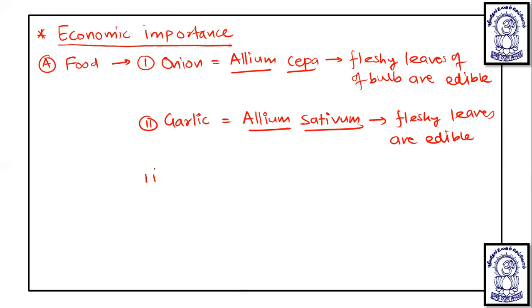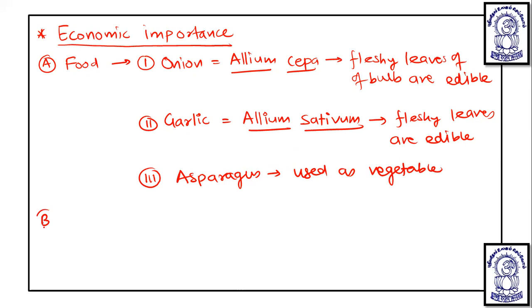And the third example is asparagus. This asparagus is used as a vegetable. Apart from this, some are used as ornamental plants.